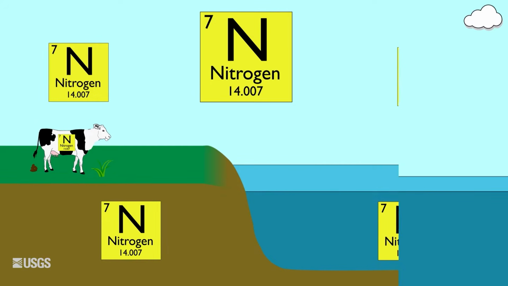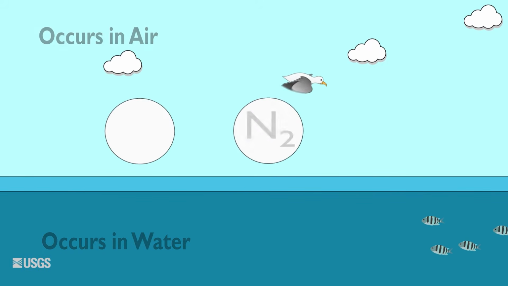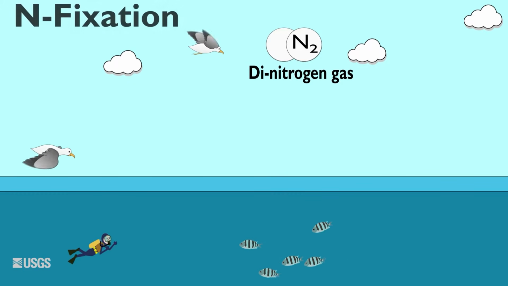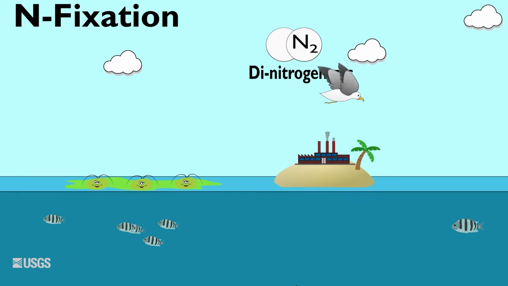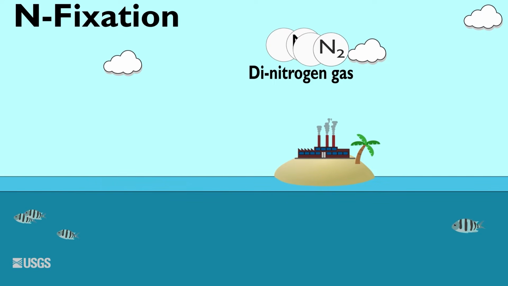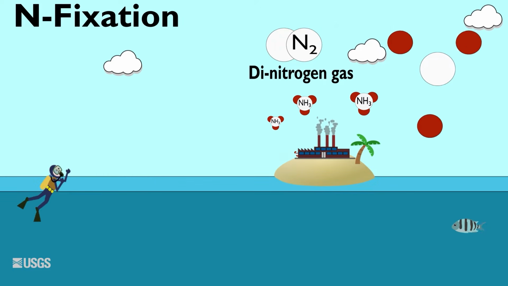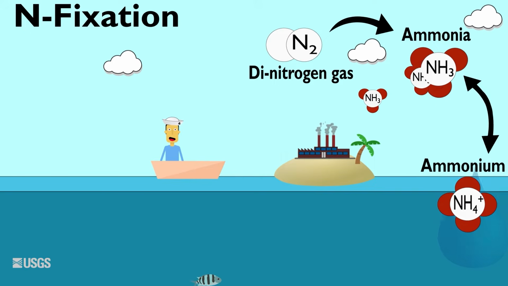Let's explore the details. The most common form of nitrogen in air is dinitrogen gas, which is naturally fixed by lightning and bacteria, or synthetically fixed using the Haber-Bosch process to form ammonia gas and dissolved ammonium.